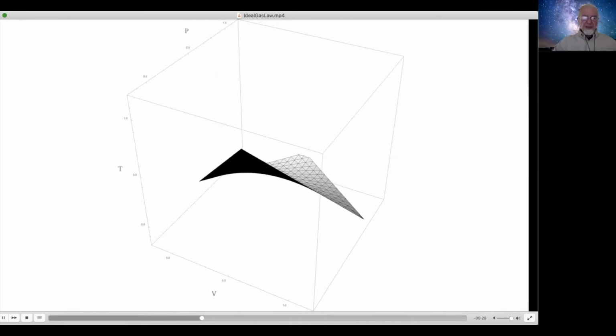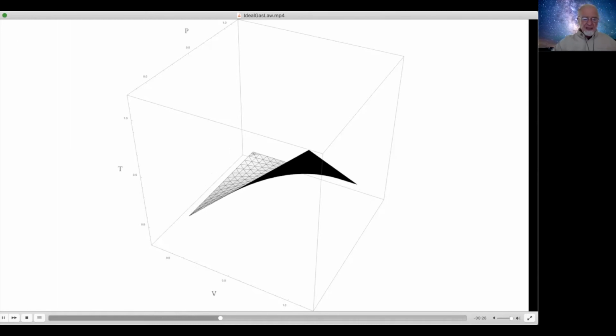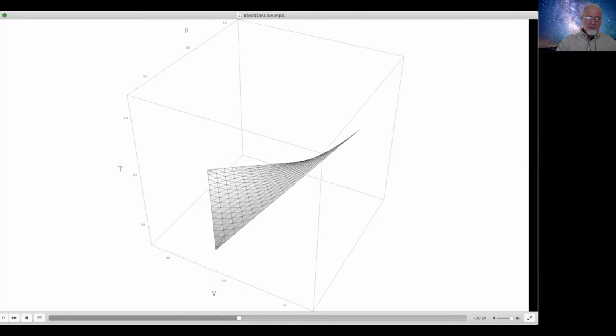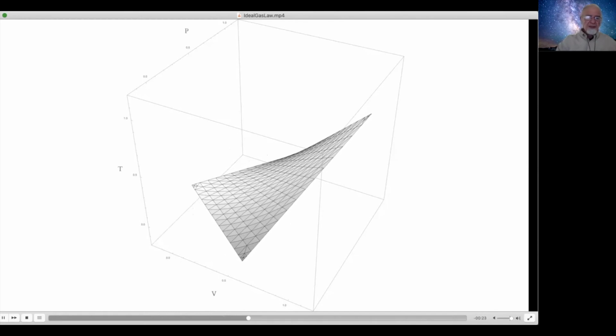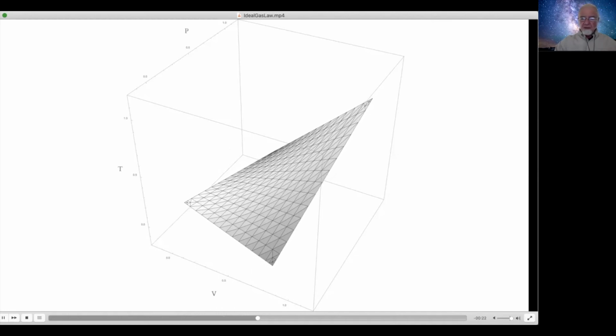And the next thing we're going to get to in a few seconds is where I'm going to start taking planes of constant temperature and showing how those interact with this three-dimensional manifold.